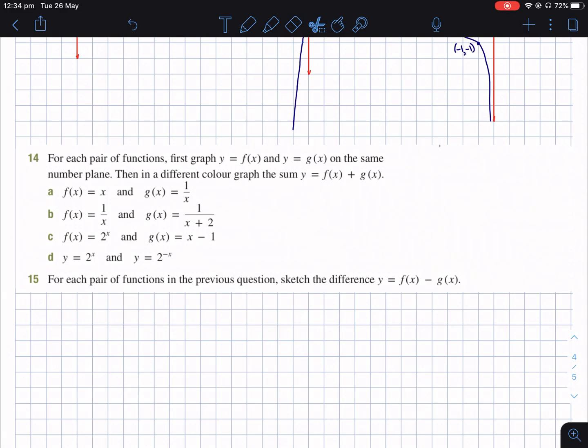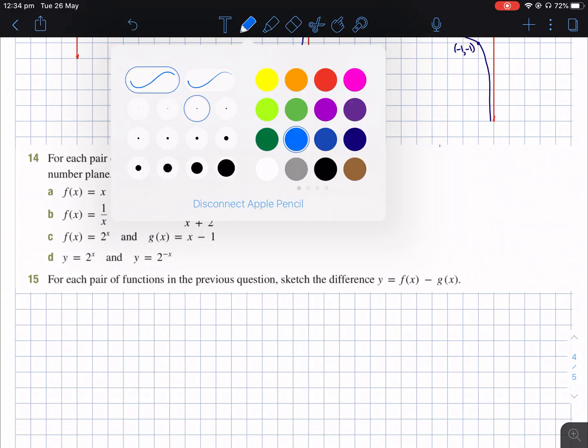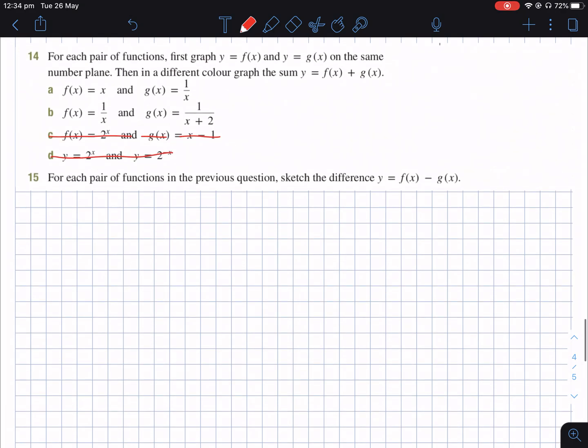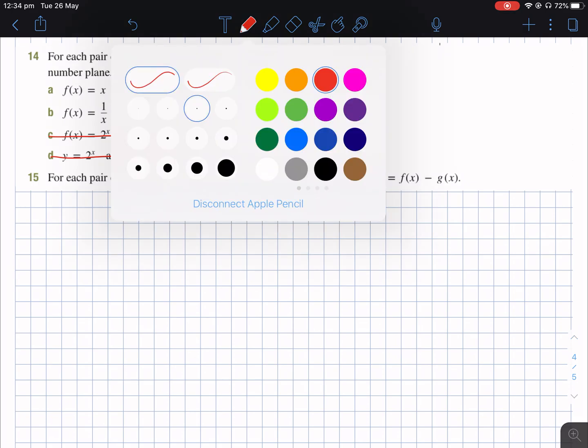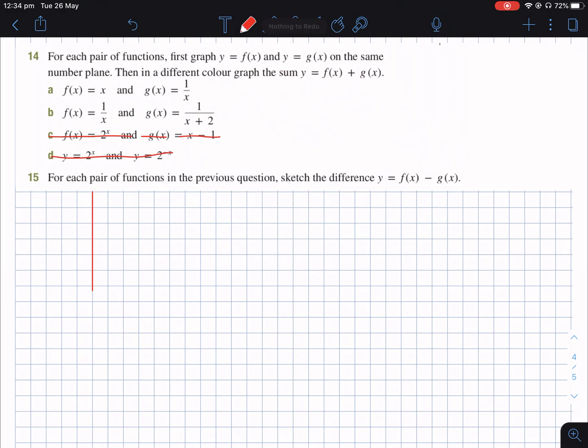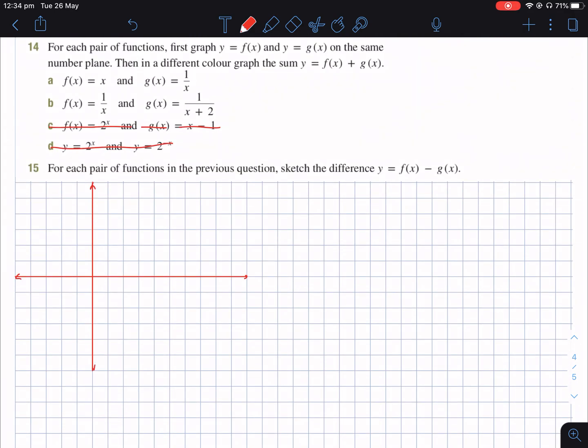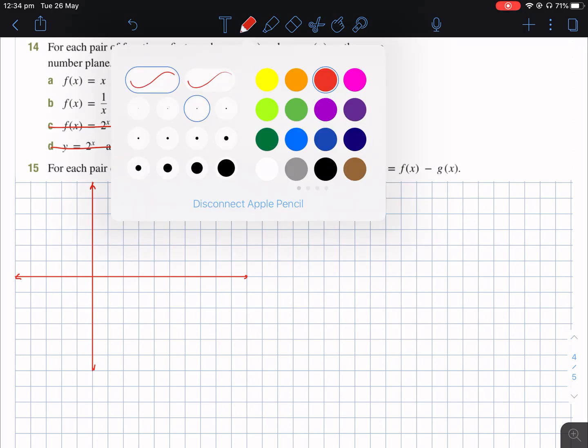All right, so we're just doing A and B, so we're not doing these powers because we haven't learnt to sketch them in advance yet. So we've got x plus 1 on x. So let's draw this nicely. Oops, sorry. Y equals x.